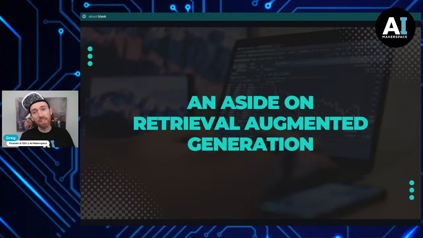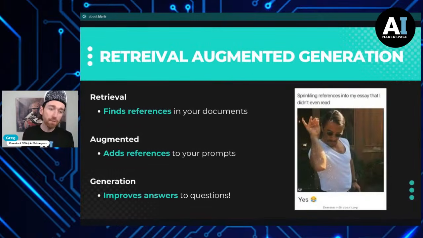I'm going to take a hard left into RAG, okay? Today, it's one of the most important applications out there, Retrieval-Augmented Generation. Now, if you watch our stuff, you're probably super familiar with this already. If you don't, the super high level is this. Retrieval is all about finding references in your documents.